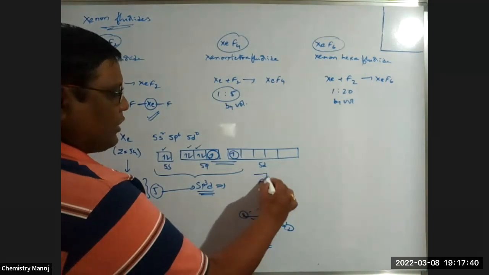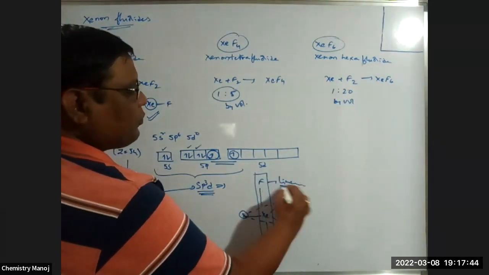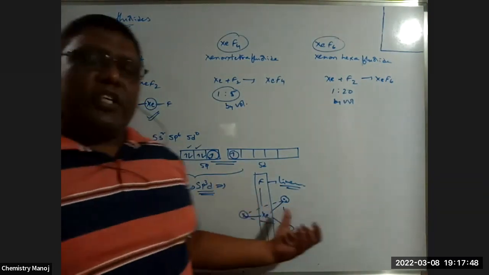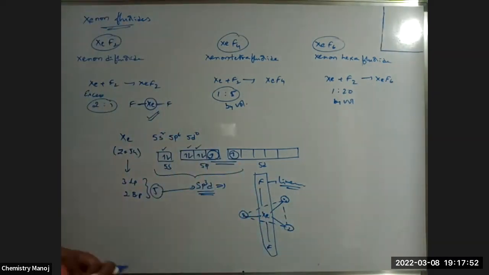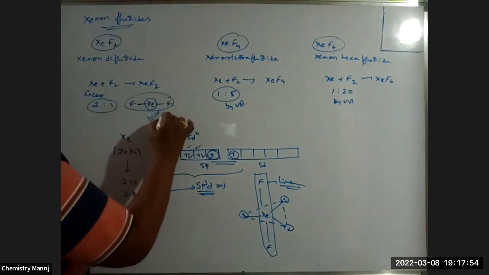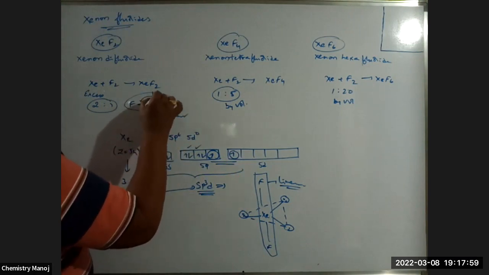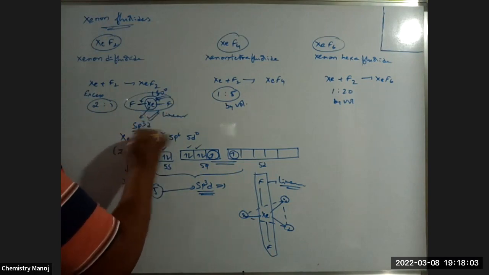That means atoms are arranged just like this. That's why the molecule is linear. The expected structure is trigonal bipyramidal, but the exact shape is linear. Therefore, the XeF2 molecule has a linear shape with bond angle 180 degrees. Here, xenon is in sp3d hybridization.